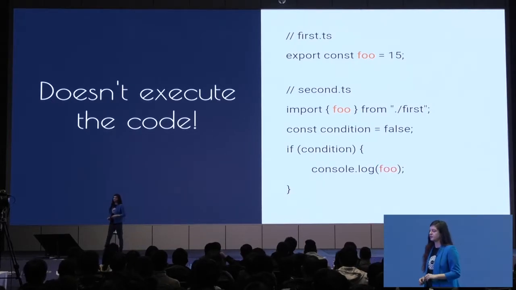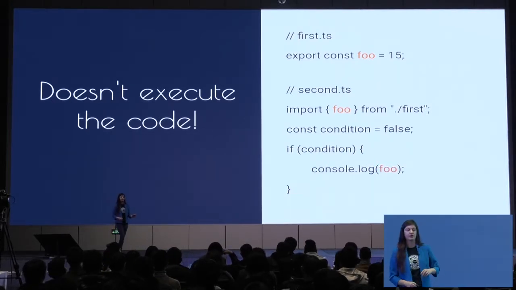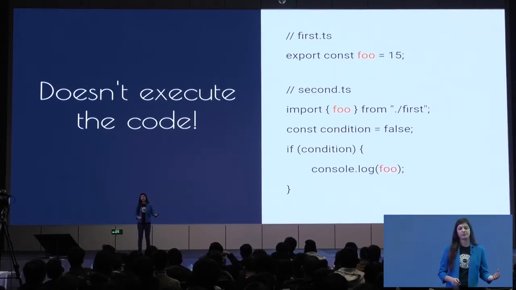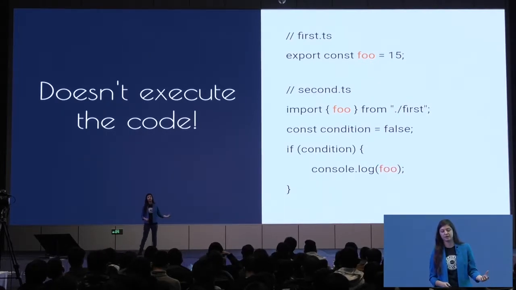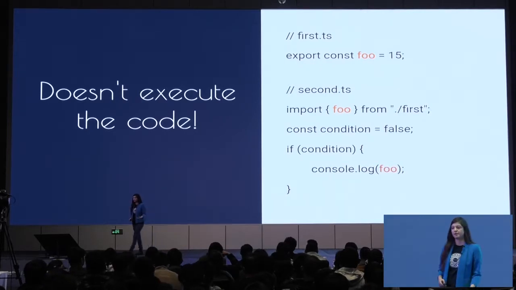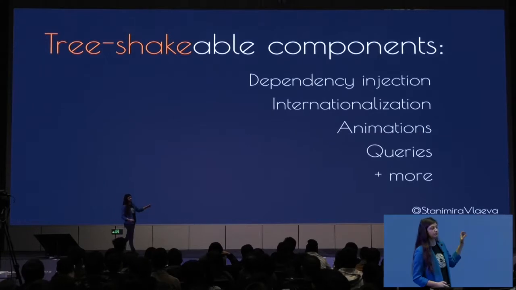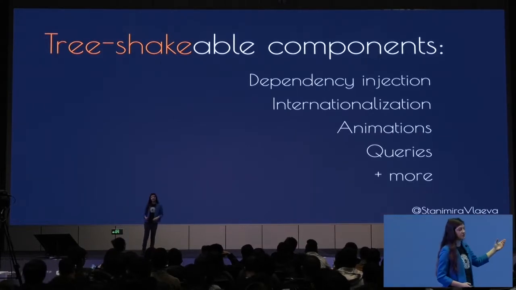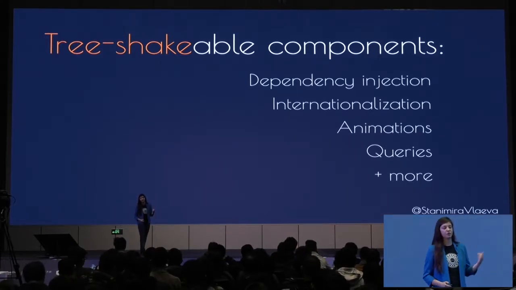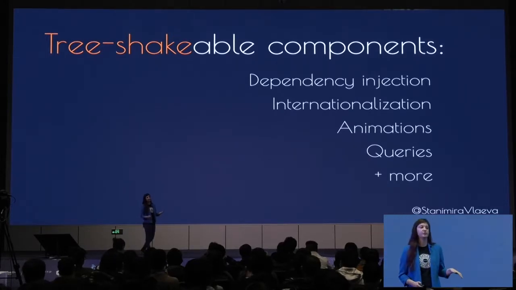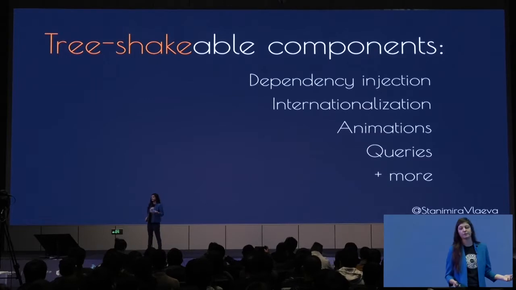All right. With that said, Ivy is really great at compiling or rendering tree shakeable code. With Ivy, Angular will be able to tree shake a whole bunch of its features. Like if we're not using dependency injection in our apps, it won't be included in our final bundle.